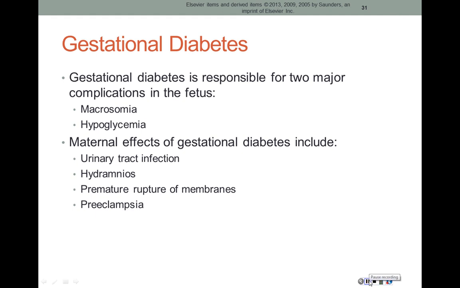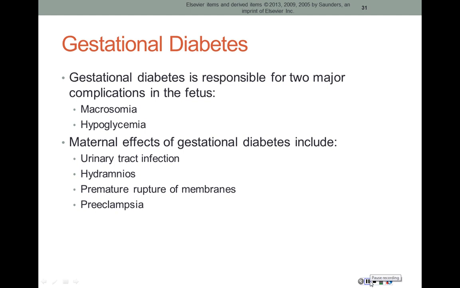So, things going on with mom are maternal effects of gestational diabetes. It increases your risk for urinary tract infections. Why? Because we've got that nice sugar-rich blood, and so that's going to promote spilling of glucose into the urine, and so there you're going to have all that glucose in the urinary tract, and if there's any bacteria there, then they're going to grow and multiply.